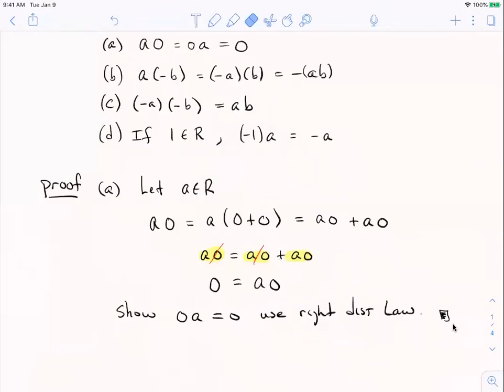Part B says, you can look at what it says, and you might be looking at it going, well, yeah, of course that's true. Those are the rules of signs I've used my whole life. But this is an abstract statement.